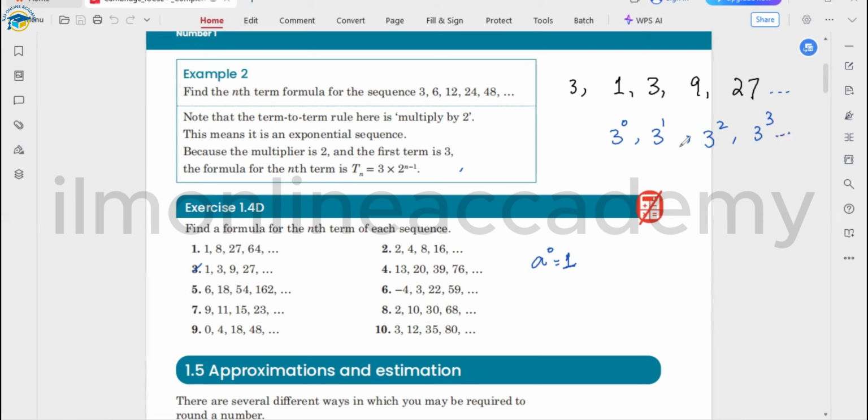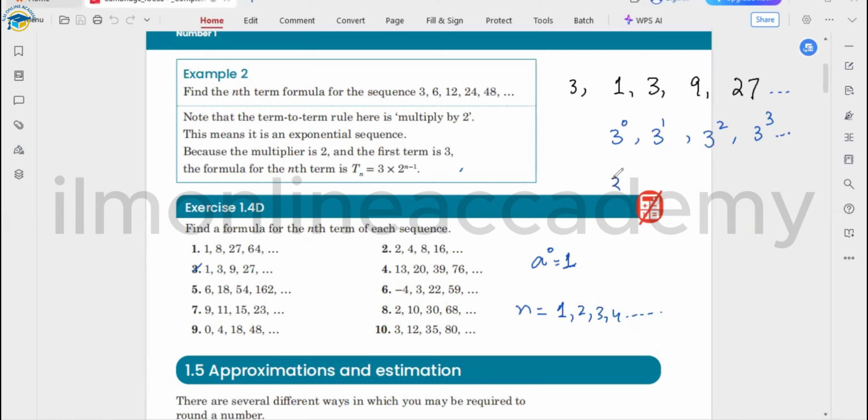As we have been given the powers of 3, but as far as n is concerned, that basically starts from 1, 2, 3, 4, and so on. But the powers that have been given are starting from 0.